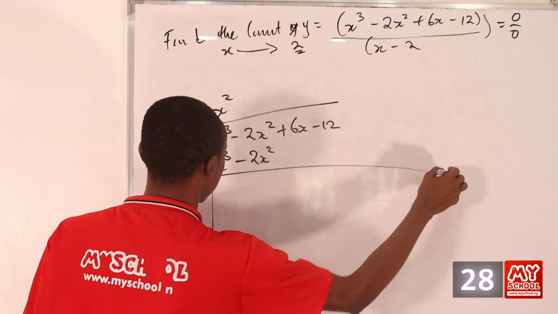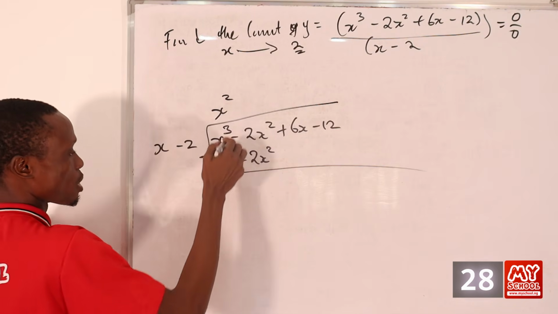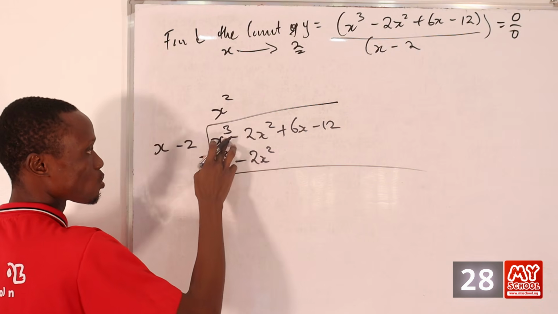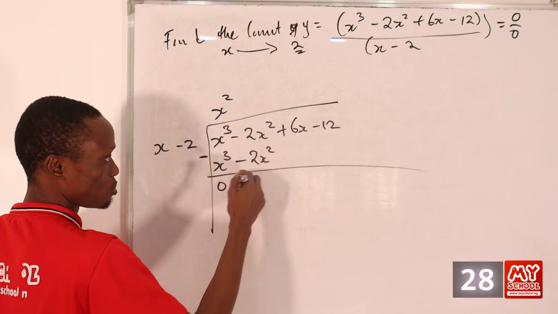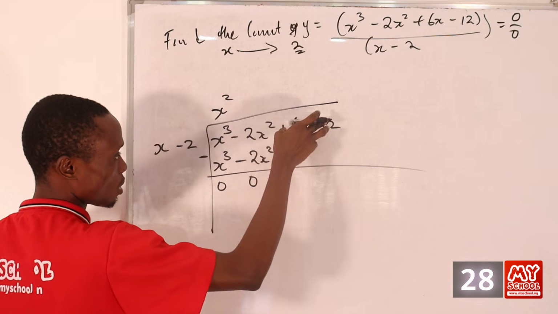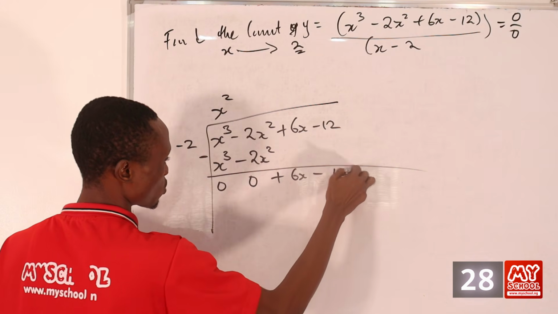So we draw a line and subtract. x cubed minus x cubed is 0, then minus 2x squared minus 2x squared is also 0. So we bring down the two numbers that are left: 6x and minus 12.